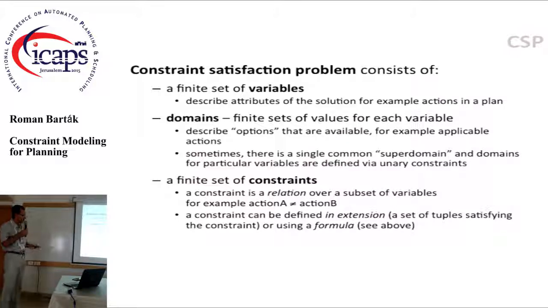These constraints can be expressed in an extensional way, and this is how we will be using the constraints frequently in planning, meaning we describe the constraint as a relation, which is basically a set of tuples of values satisfying the constraint or violating the constraint. The other way is also possible. Or we can describe the constraint using a formula, I mean a logical formula or arithmetic formula, and we can also use what's called a global constraint, some specific type of constraint like the all different constraint.